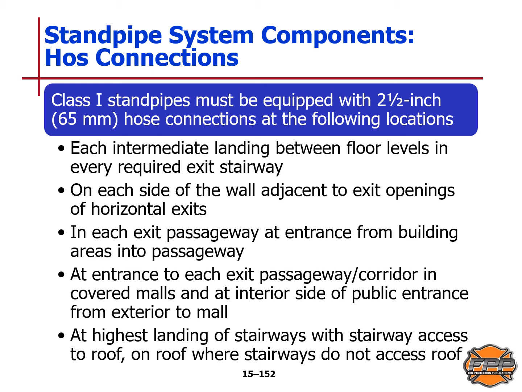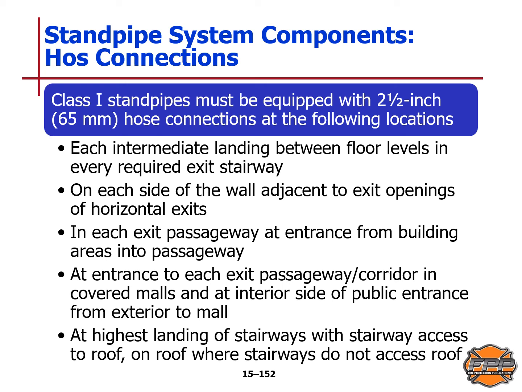Class 1 standpipes must be equipped with 2.5-inch or 65mm hose connections at the following locations. First, each intermediate landing between floor levels in every required exit stairway. Second, on each side of the wall adjacent to exit openings of horizontal exits.